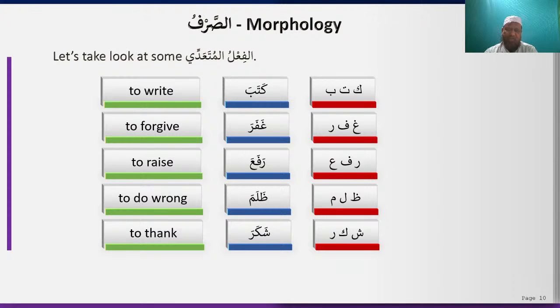Some of the fails will have two maf'ul bihi. So when I have a fail, how would I know if this is fail al-lazim or al-fail al-muta'addi?